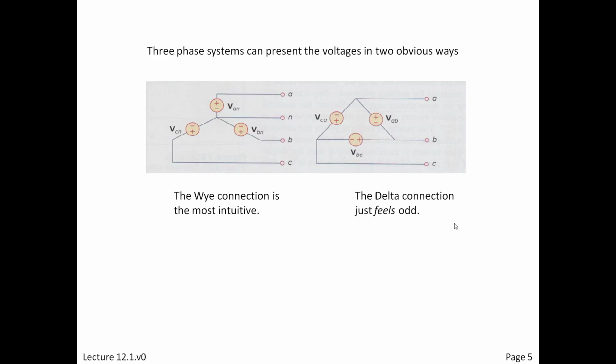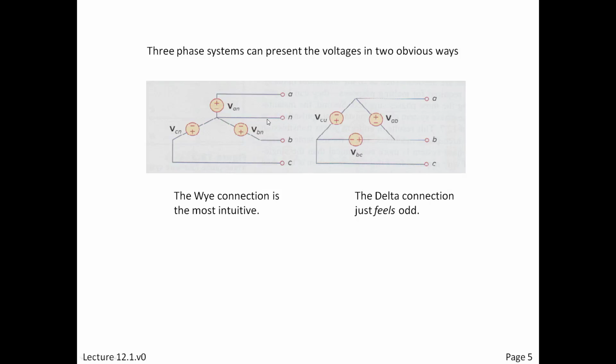I've always held, even though I've never worked in the power industry, I have to confess the delta connection has always felt a little odd to me. It's like, where did that wire go? Where did that connection go? But it turns out these two are closely related, and these AB voltages can be calculated from AN and BN and so forth.